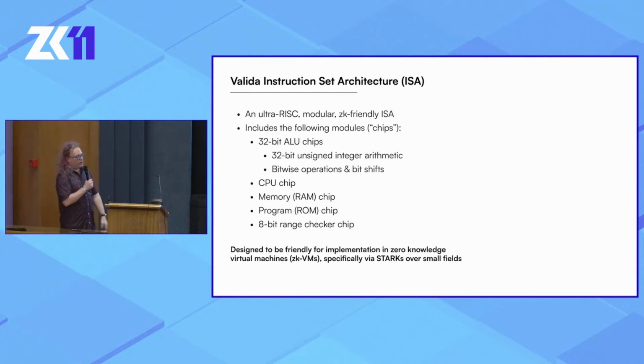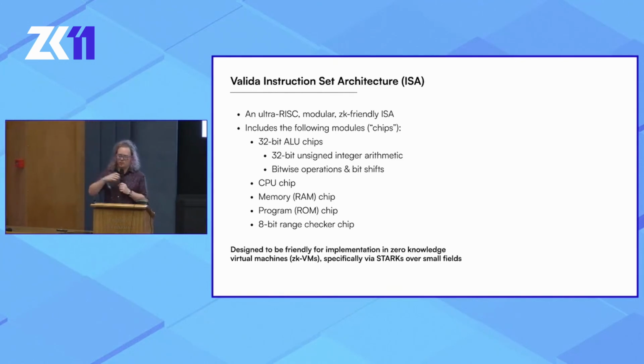So our system we can think of as consisting of a set of chips modeled on how an actual processor works. So there's the main CPU module, a module for memory, a module for binary arithmetic, as well as some more specialized things like a range checker chip. Each of these is an independent circuit that communicates with the others using the I/O of the circuit, as well as additional arguments to verify compatibility between them.